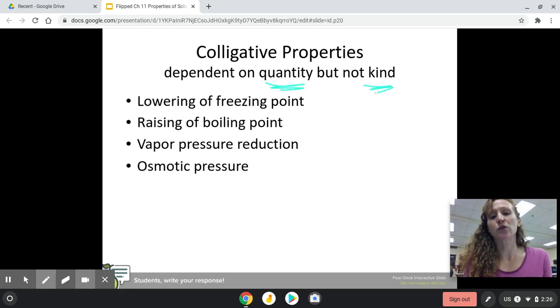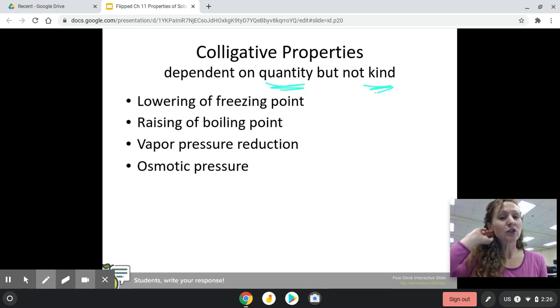It really doesn't matter if it's an ionic compound or a hydrate or a covalent compound that's present. It doesn't matter if it's a solid, or a liquid mixed with a liquid, or a gas that's been dissolved. What matters is how much.